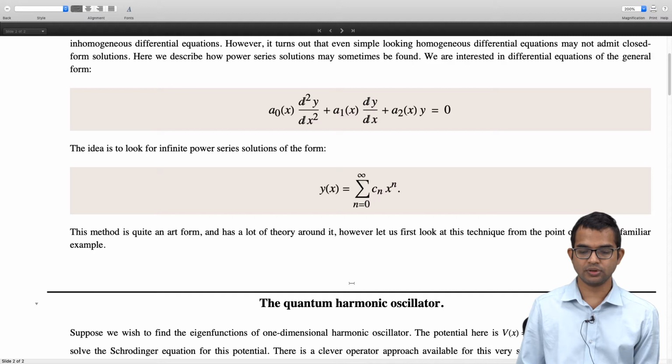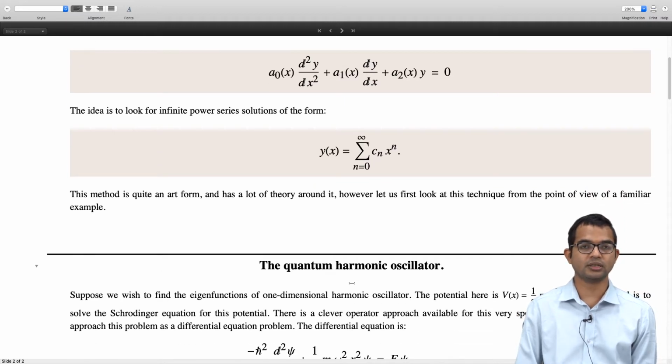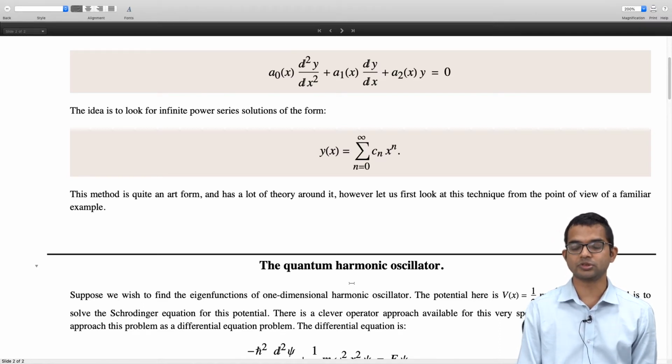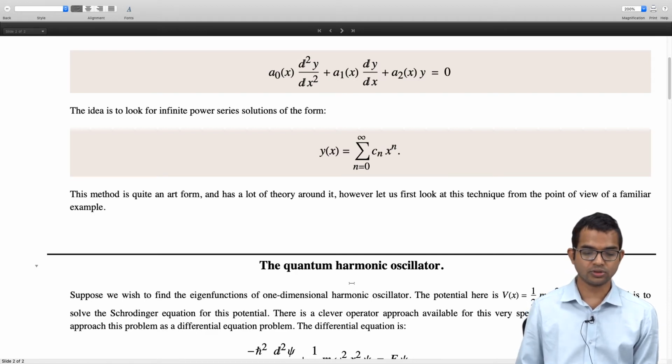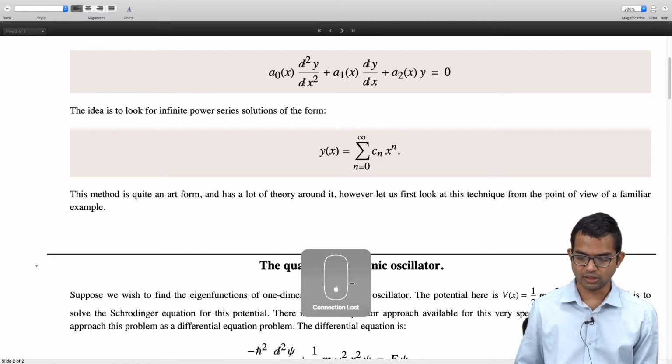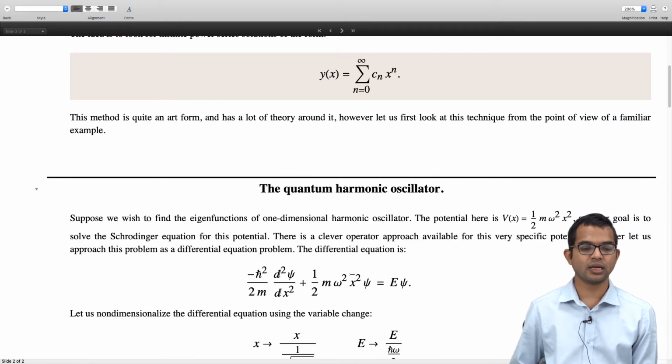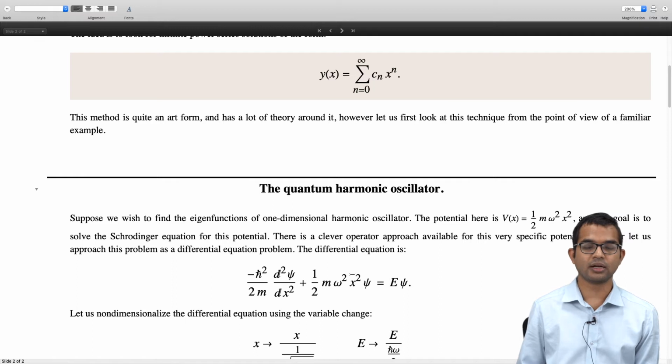What we will do is look at the quantum harmonic oscillator, right? We wish to find the eigenfunctions of the one-dimensional harmonic oscillator problem. The potential we have is V of x equals half m omega squared x squared, and our goal is to solve the Schrodinger equation corresponding to this potential. It's a very familiar potential, and surely most of you have encountered this problem, and probably you have seen a clever algebraic, operator approach to solve it.